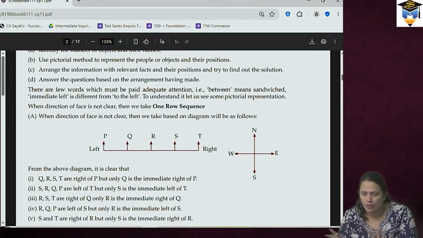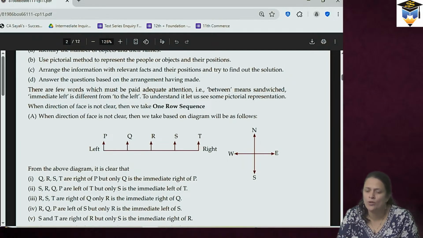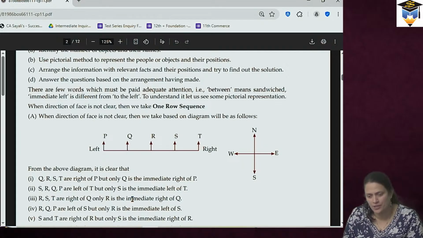Now from this particular figure, P, Q, R, S and T, can you tell me who is exactly in between? R is between Q and S. Or I can say R lies to the immediate left of S. Or I can say S is the immediate left of T. Or I can say the immediate right of P is Q. So basically they will give you such information and you will have to place these accordingly like this.